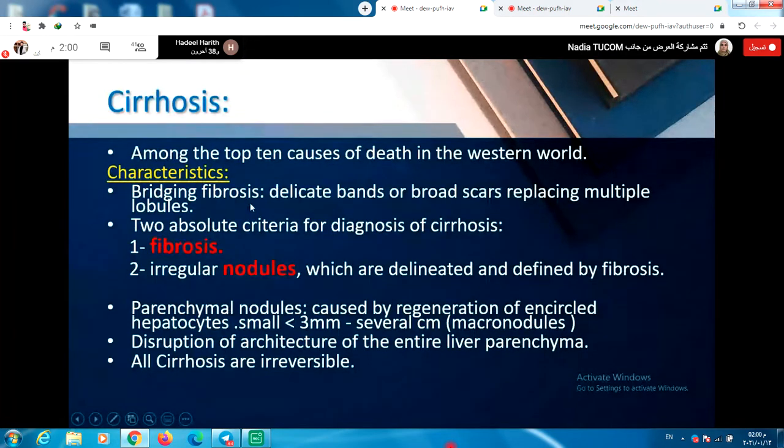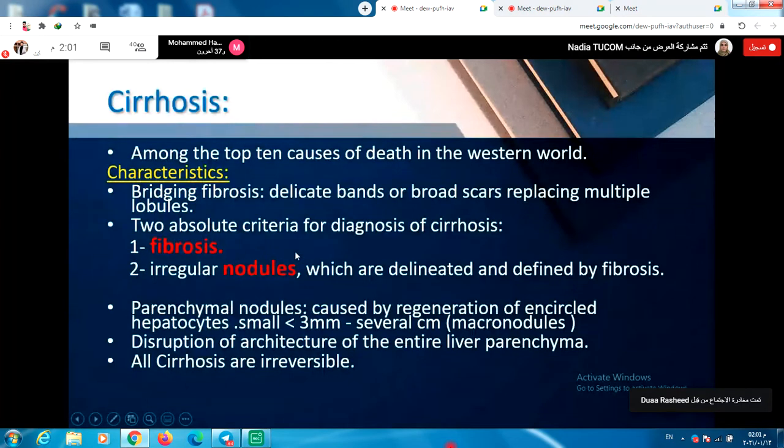Fibrous tissue in the liver is the start of formation of regenerating nodules, as a progressive feature of cirrhosis. There are delicate bands or broad bands of scarring replacing multiple lobules. Two criteria are fibrosis and formation of nodules.